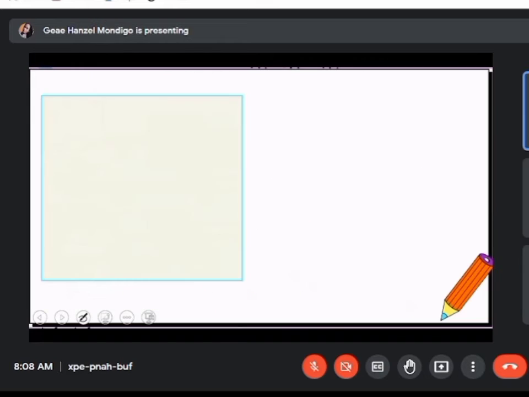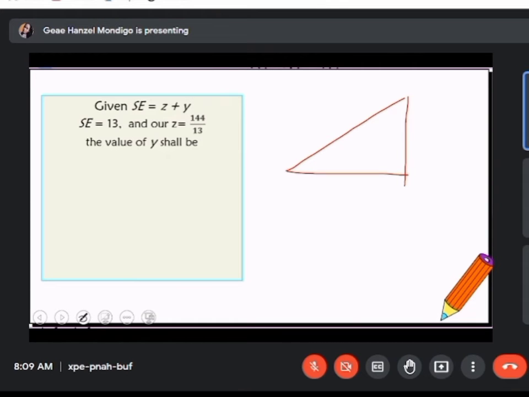So, we have here, given the SA, in our figure from the last slide, we have the figure with SE, and there is an altitude here. From here to here is the measurement y, and from here going to here is the measurement z. And the SE, we are also given that SE is equals to 13.